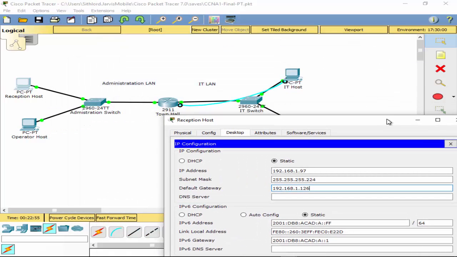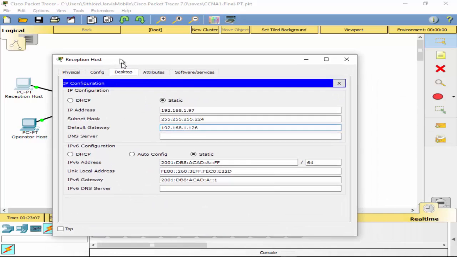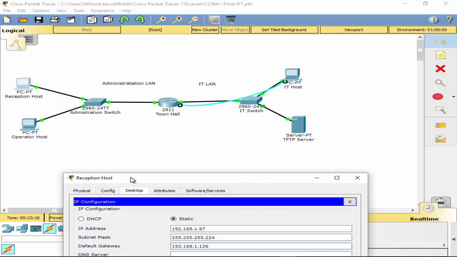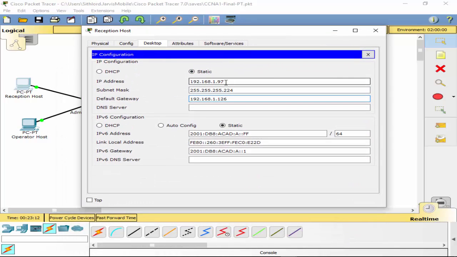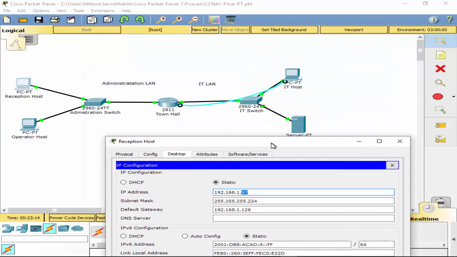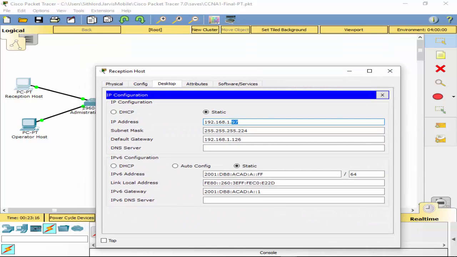Remember how I got that is it's this router interface right here to get out of, actually I'm in this computer, so it's this router interface. Hope I'm assigning them the right IP addresses. Right now for the IT department, no, I'm not assigning them the right IP addresses. Alright, so hopefully you caught that before I did. This one would be 145.